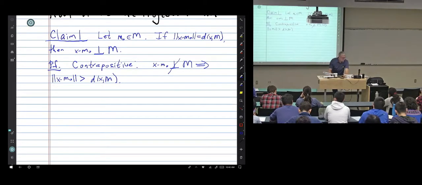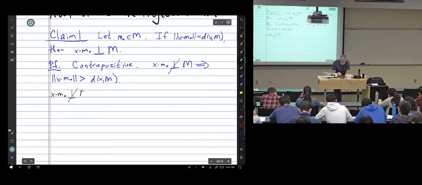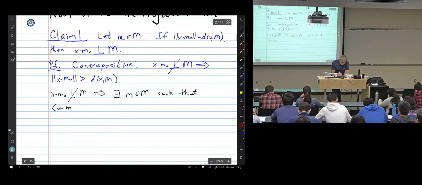Okay, so what can we get by not being orthogonal? x minus m0 not orthogonal to M implies there exists a point m, an element of M, such that the inner product of x minus m0 with m is not equal to 0. So that means it's not orthogonal.